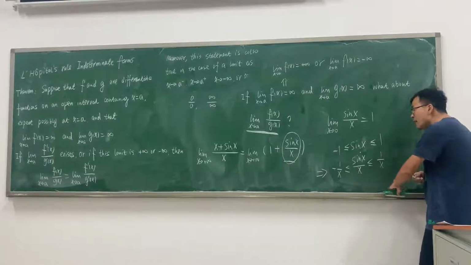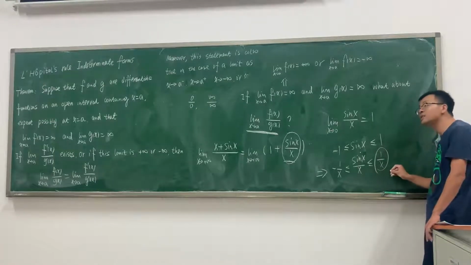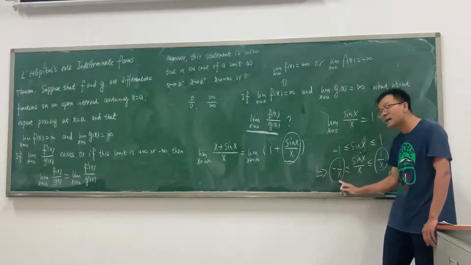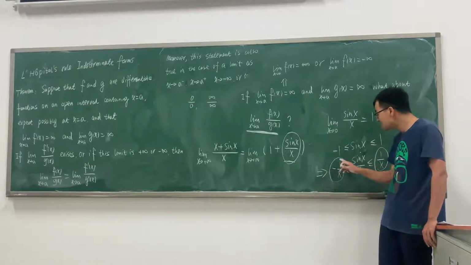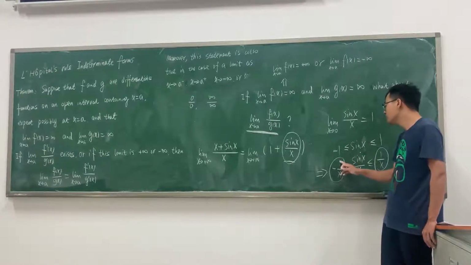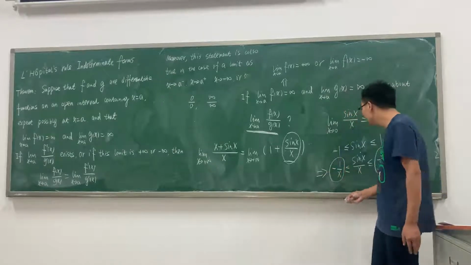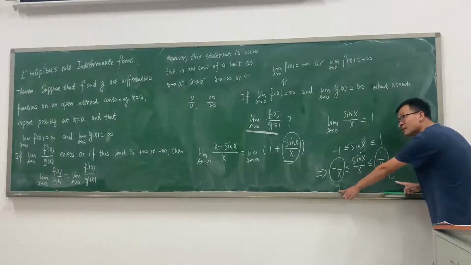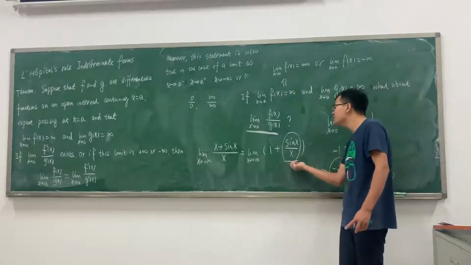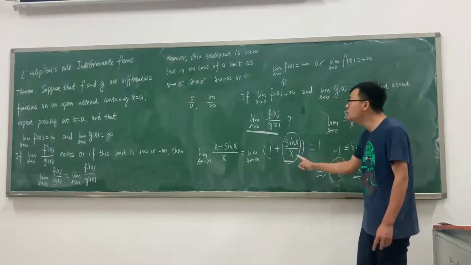When x approaches plus infinity, both sides approach 0. So the left is 0, the right is 0, and we use the squeeze result. So this limit is 0, and the original limit is 1.